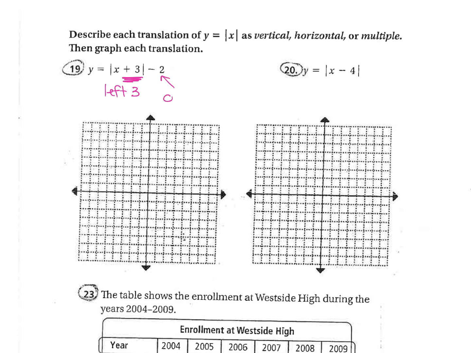Down 2. When it's outside, that's up or down. When it's inside, that's left and right, but inside goes opposite, right? So if I go left 3, 1, 2, 3, down 2, that's right here. Remember this A term out in front is what determines your slope setup, if you will. So really you're just going up 1 over 1 in both directions. Okay, and this is equal to, so it's a solid line. This is not an inequality anymore. So your graph's gonna look like that.